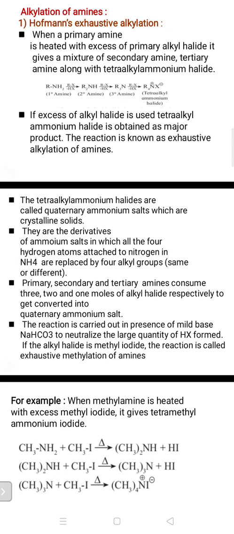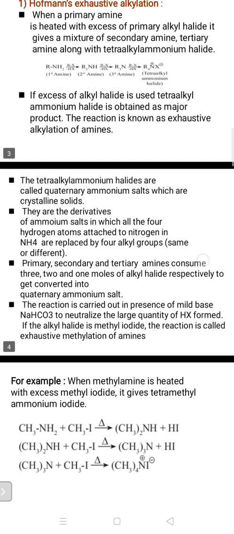Now the tetraalkyl ammonium halides, called quaternary ammonium salts, as I just told, are crystalline in nature, and these are solids. They are derivatives of ammonium salts like ammonium chloride, in which all four hydrogen atoms attached to the nitrogen in NH4 are replaced by four alkyl groups that might be either same or different.